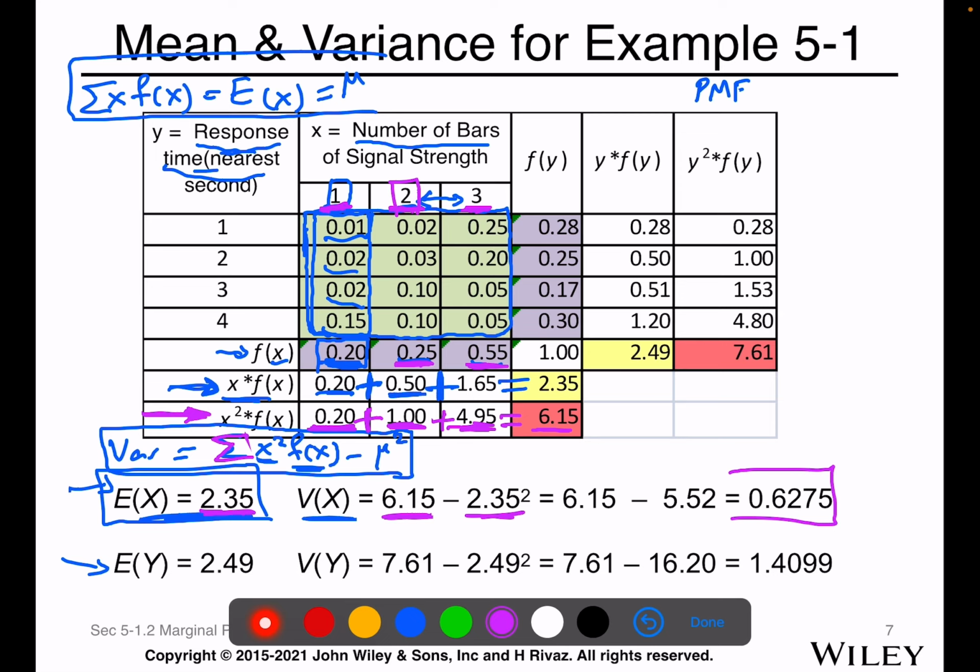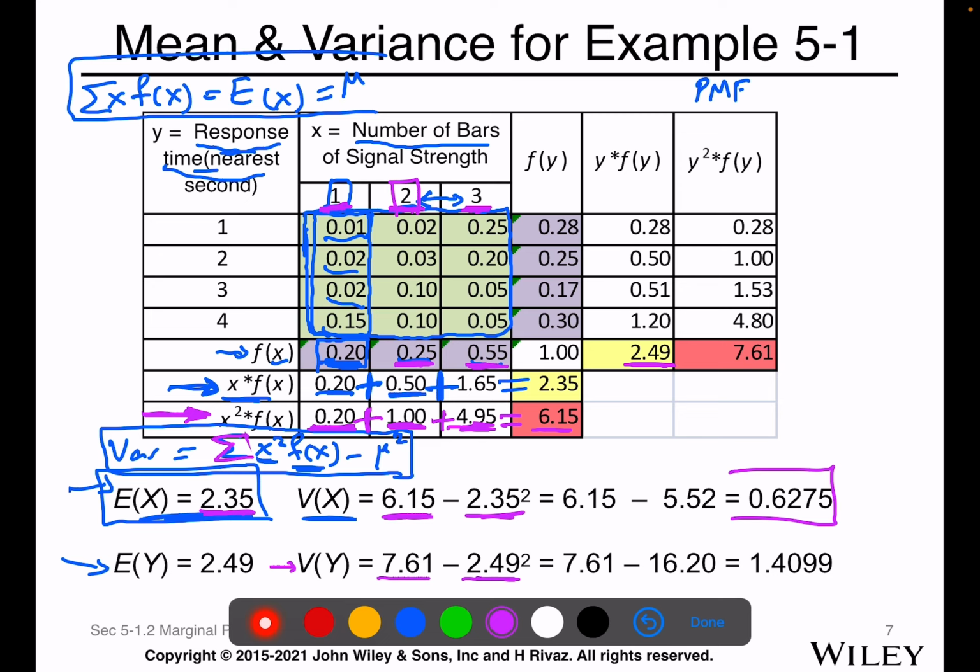In your slides, for EY, 7.61 minus the 16.2, I think it just goes to be 6.2. So this line is 7.6 minus 2.49 to the power 2, and 2.49 is basically the mean for y.